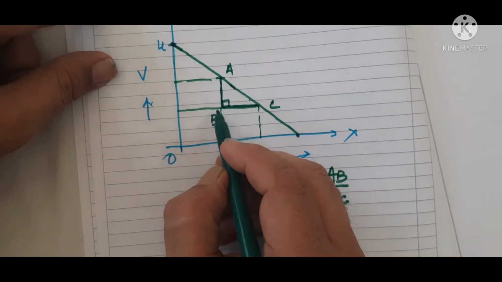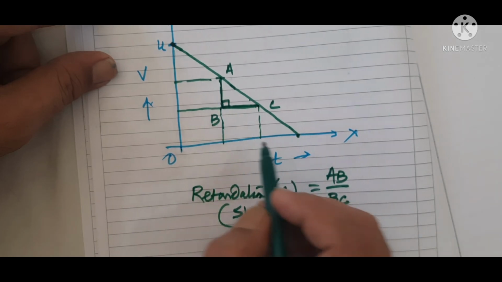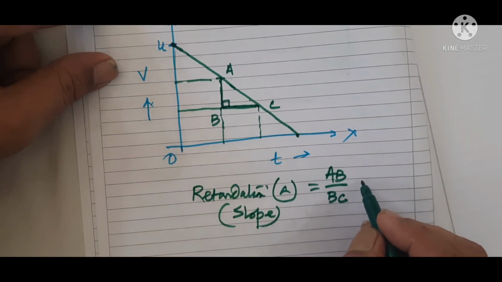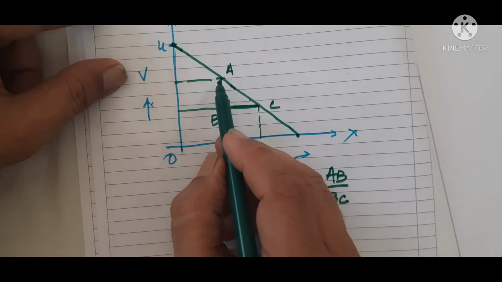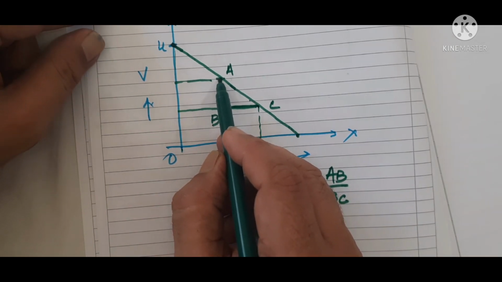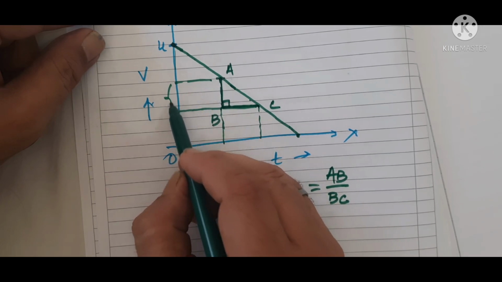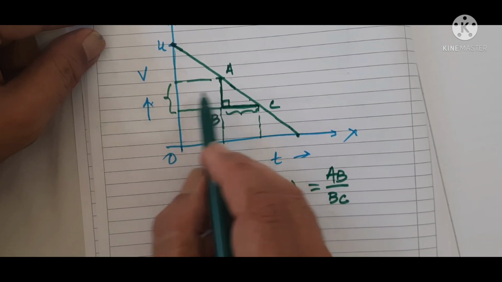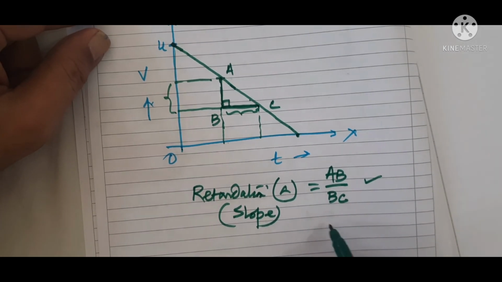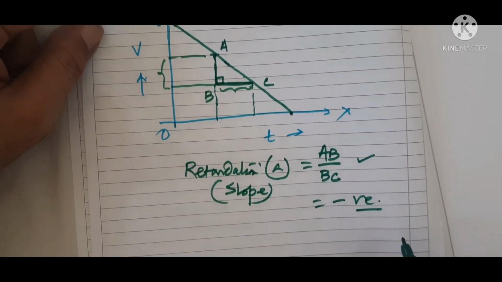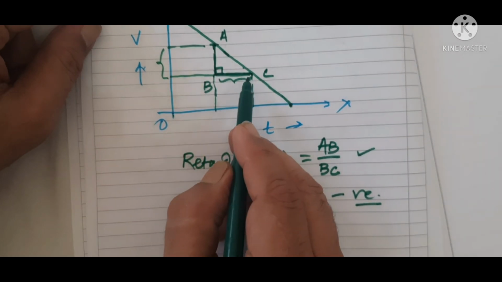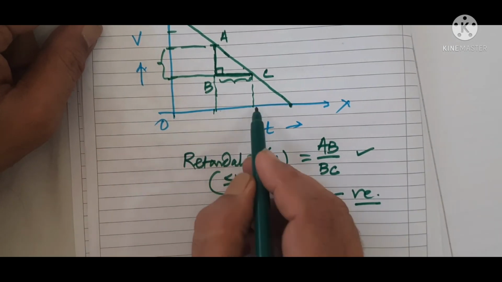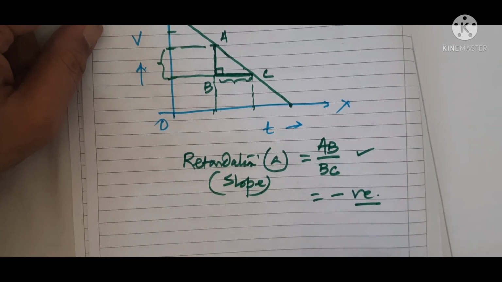AB कितना आएगा, जो भी आएगा दिस माइनस दिस, जो भी इसका वैल्यू आ रहा है यहाँ पर रिटार्डेशन हम लोग निकाल सकते हैं, दिस बाई दिस. तो यहाँ पर हम लोग वेलोसिटी क्या निकाल रहे हैं, यहाँ पर हो जाएगा ये डिस्टेंस, यहाँ पर हो जाएगा ये डिस्टेंस. ये डिस्टेंस कहाँ से निकालेंगे, यहाँ से निकालेंगे. और ये रिटार्डेशन हमेशा निगेटिव में आएगा, निगेटिव वैल्यू आएगा, ज़्यादा वेलोसिटी से कम में आ रहा है. सो यहाँ पर एग्ज़ाम में यहाँ पर ये वैल्यू दिया रहेगा, whatever the value will be there and you can easily find out retardation.